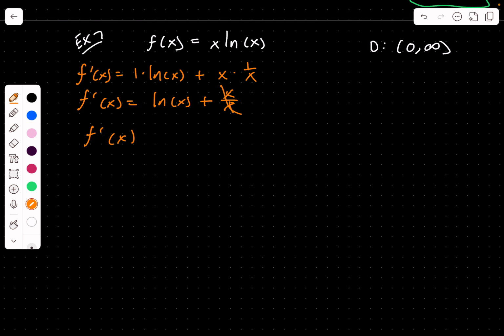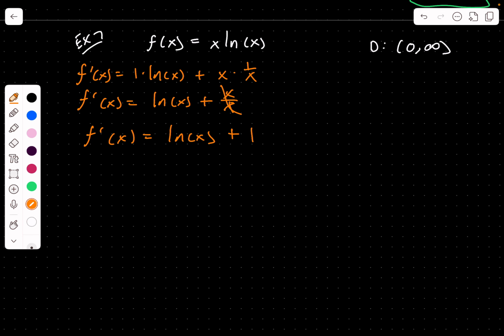So for f prime of x, please do not write ln of x plus 0. That's not correct at all. It's going to be 1 because you have a 1 over a 1. In front of a variable, even if there's no number, there's an implied one. We just don't write it. So we have f prime of x equals ln of x plus 1.